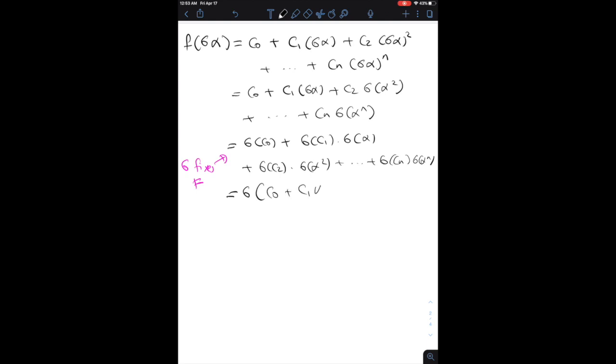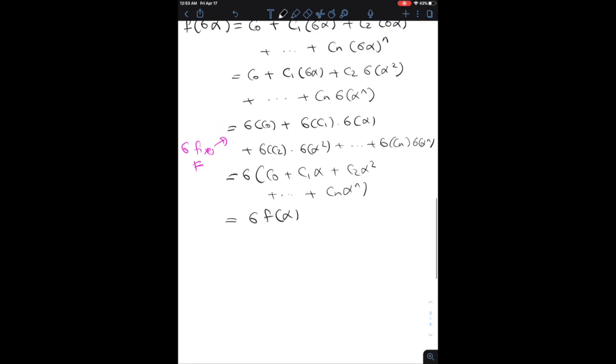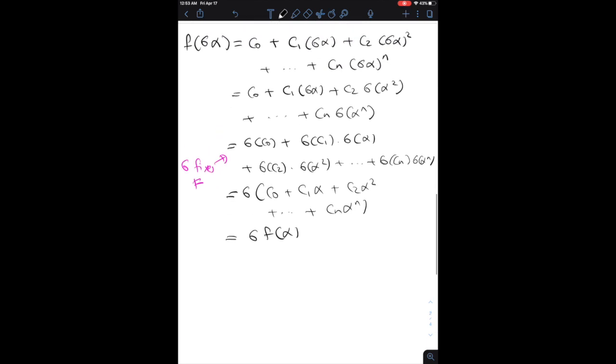So I should say this step is because sigma fixes F, and then this is the same thing as sigma applied to c0 plus c1 alpha plus c2 alpha squared plus cn alpha^n, or the same thing as sigma applied to f(alpha), because this term in the brackets is just f(alpha).